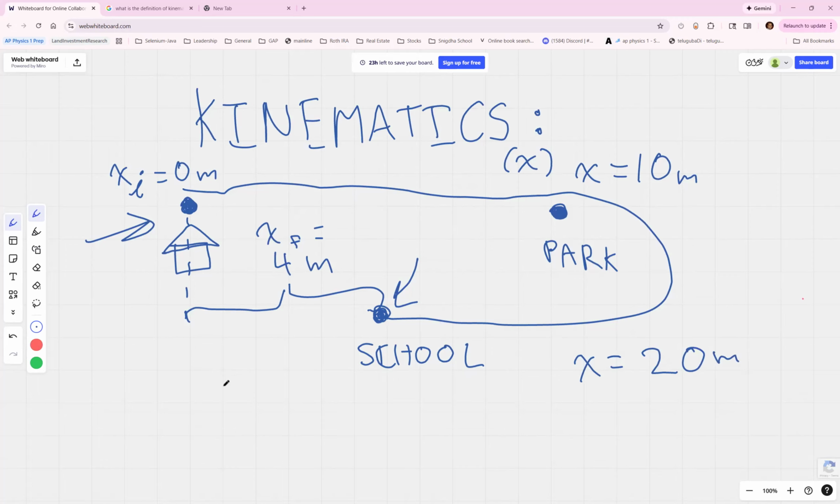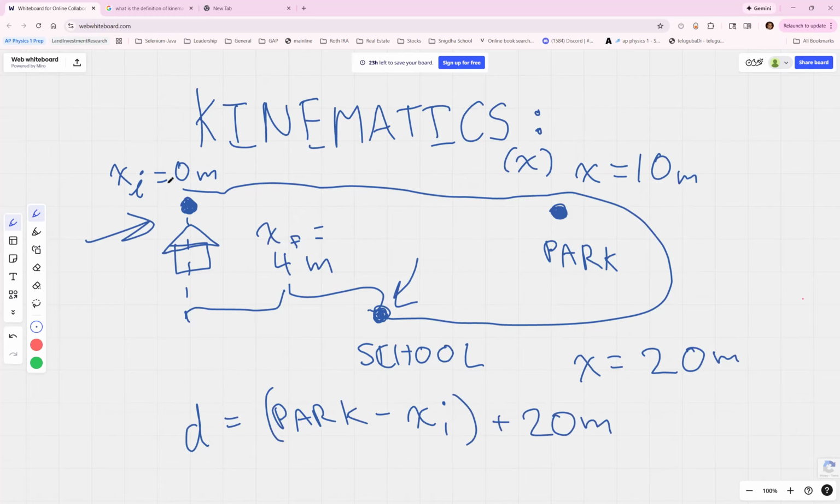Okay, so now if you say distance is equal to the distance between the park minus x naught, right? So that's the first round you make, plus 20 meters.